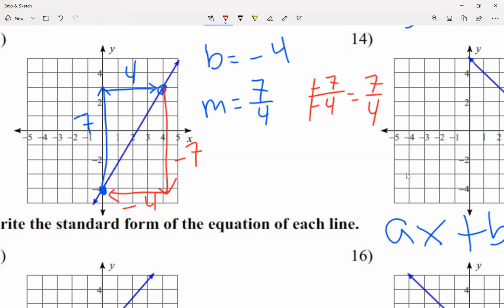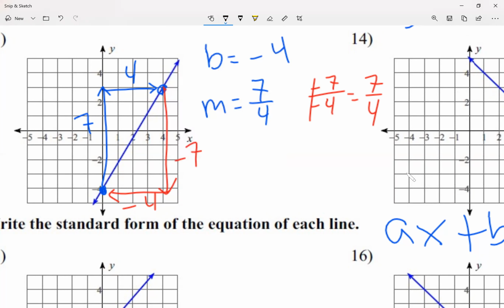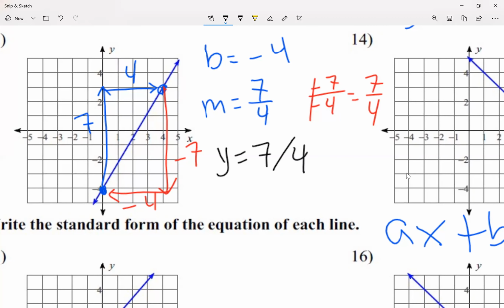Now, my answer, because I have to write this, is in the form y equals mx plus b. So I'm just going to write y equals. Now, the way we're going to type a fraction is 7/4.